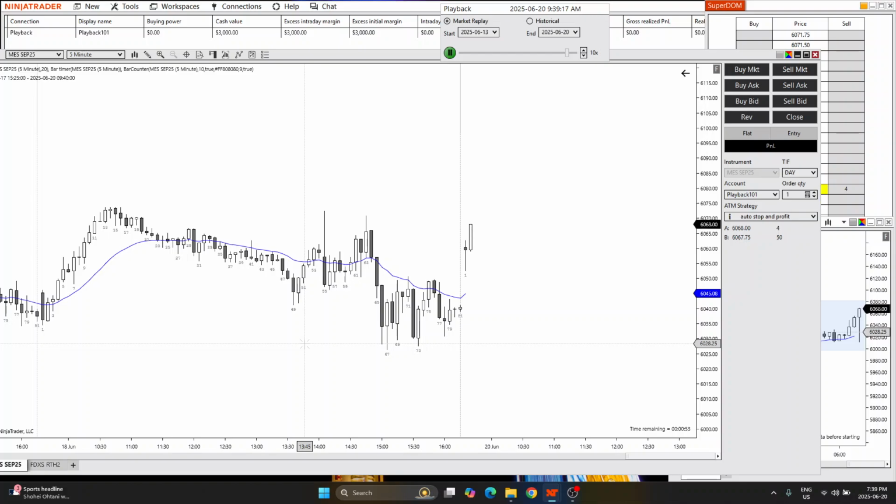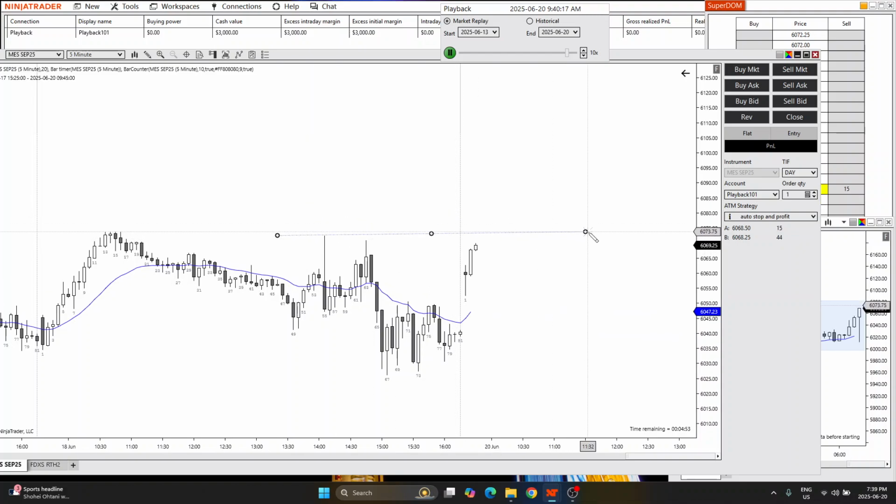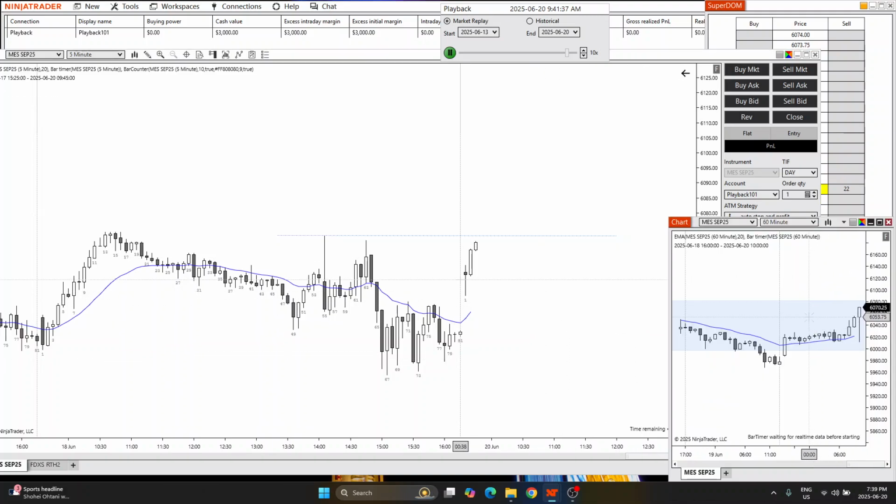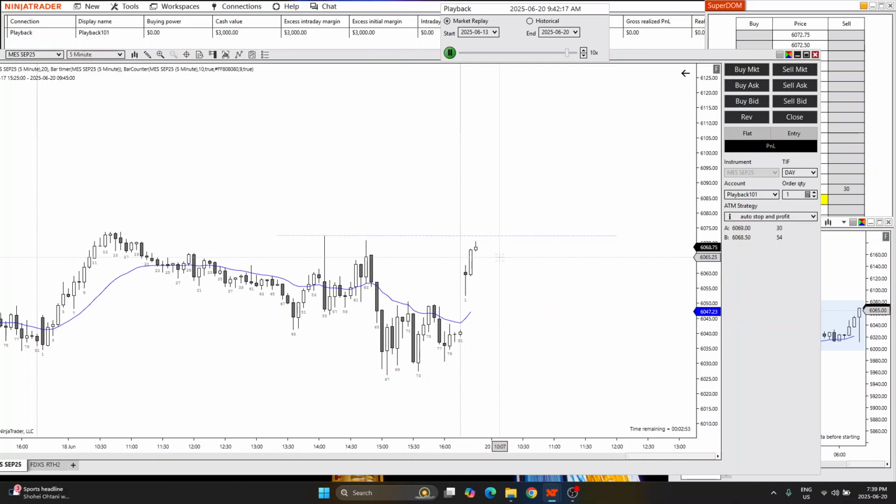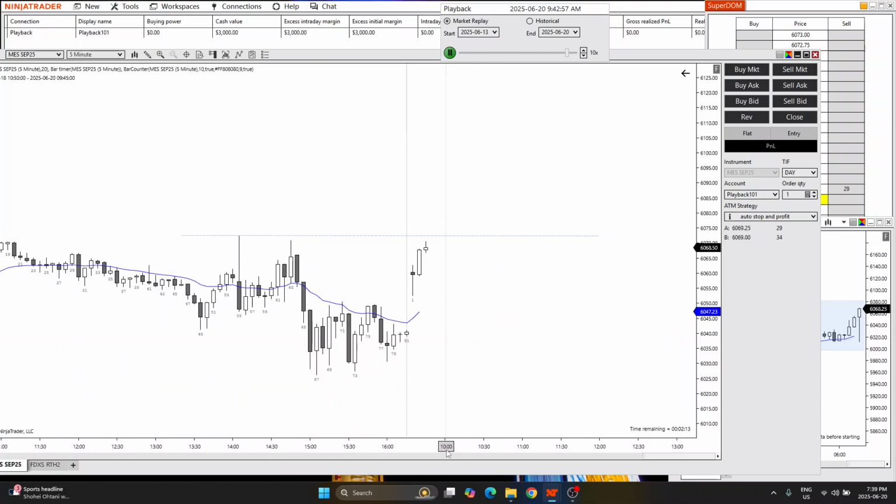Just to note, so this was the high of yesterday, also high of the trading range on the 60 minute. So let's see how price reacts to this resistance area.